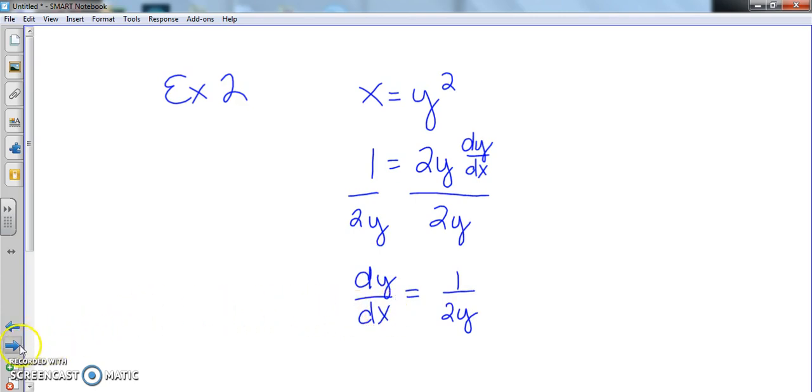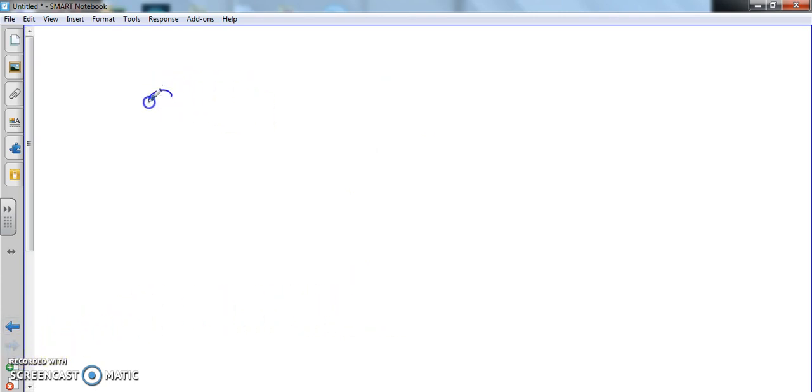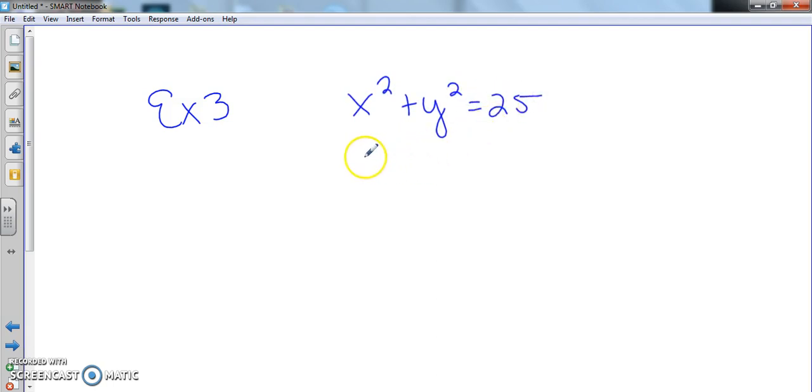Okay, so let's try example 3. Let's take something like x squared plus y squared equals 25. The derivative of x squared is 2x, plus the derivative of y squared is 2y, but because we took a derivative of y, we tack on dy/dx.